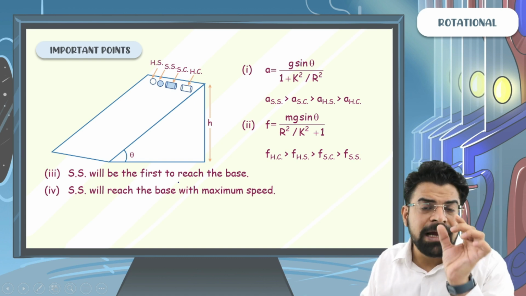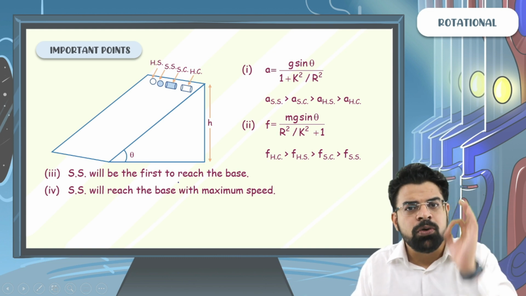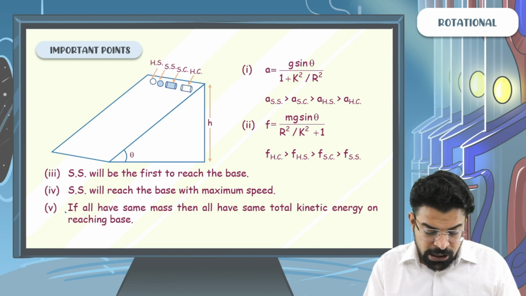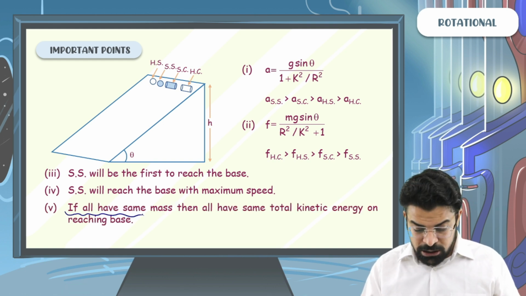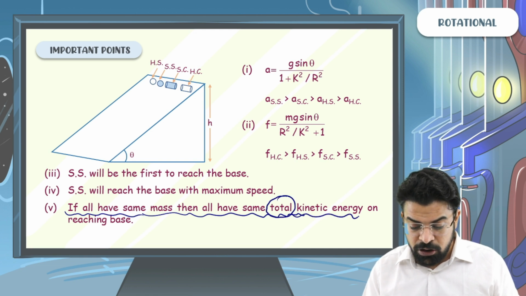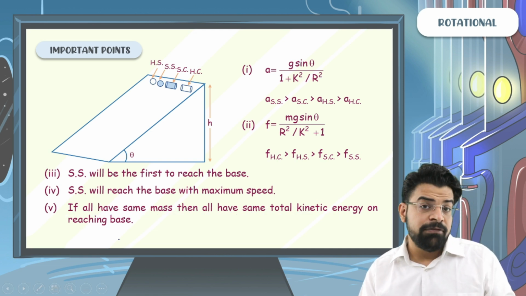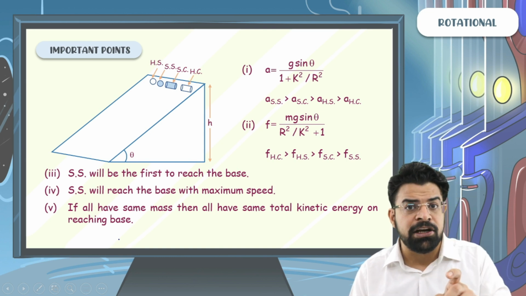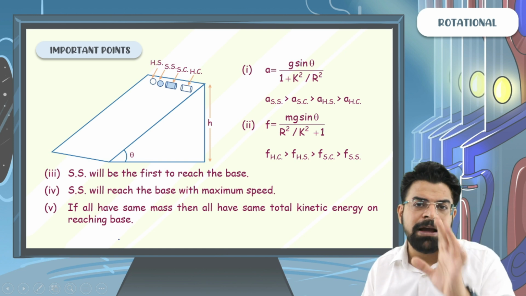When I am saying kinetic energy, it by default means total kinetic energy. I am not talking about translational kinetic energy. So if all have the same mass, then all have the same total kinetic energy on reaching the base, and that total kinetic energy will be equal to mgh, the work done by gravity.